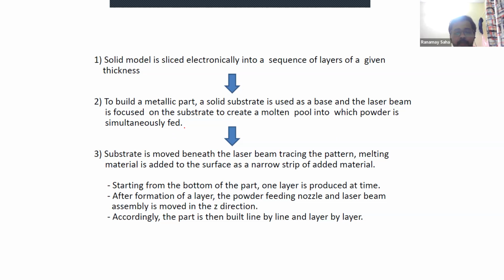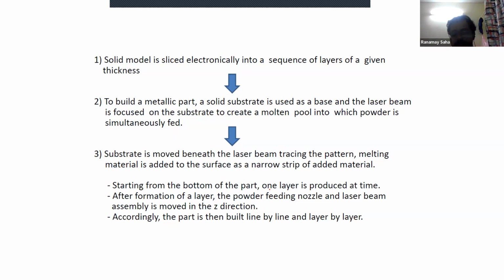Okay. Now the substrate is then moved beneath the laser beam, tracing the pattern. Molten material is added to the surface as a narrow strip of added material. Okay, so it is happening simultaneously.